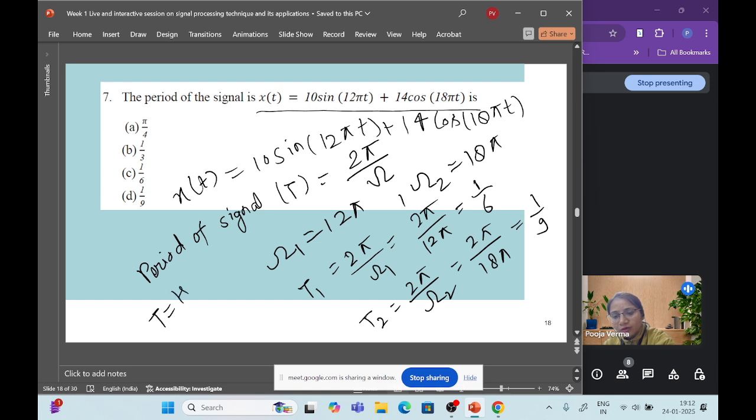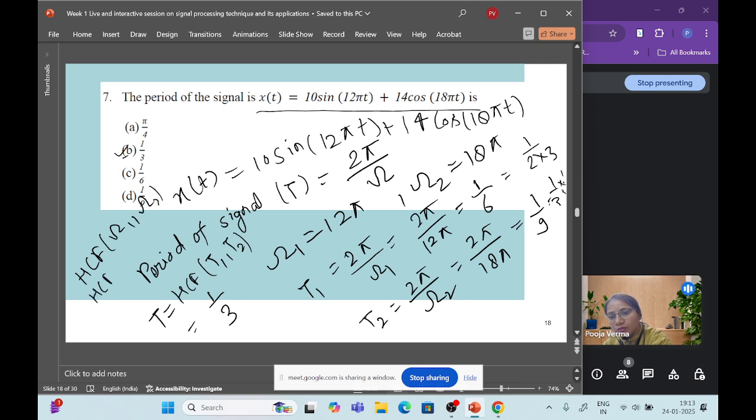You can find out the HCF of T1 and T2. 1 by 6 is 1 by 2 into 3, and 1 by 9 is 1 by 3 into 3. So what will be the common factor? 1 by 3. So the period of the signal is 1 by 3. The other way is to take the HCF of omega 1 and omega 2, 12 pi and 18 pi.